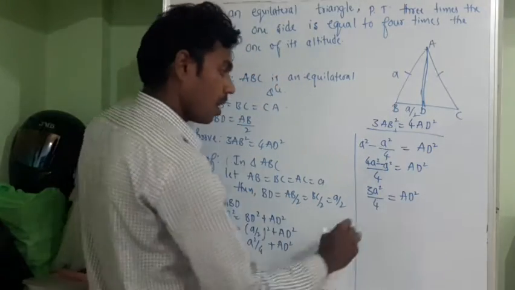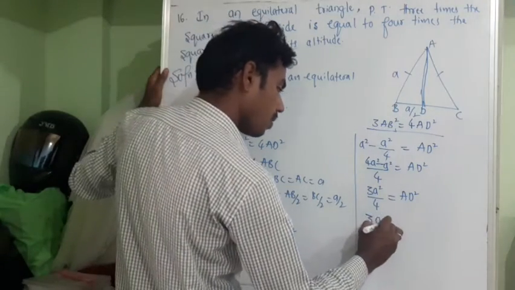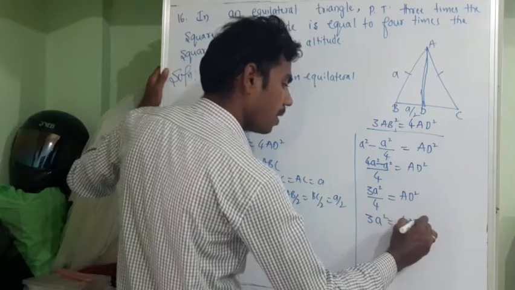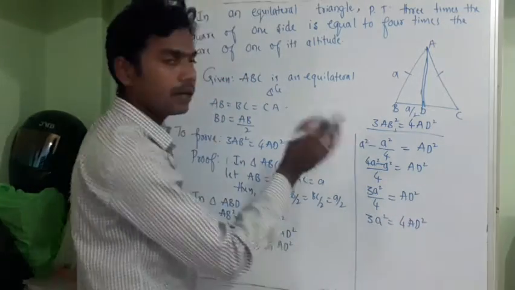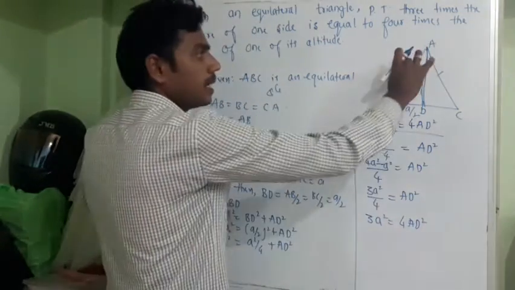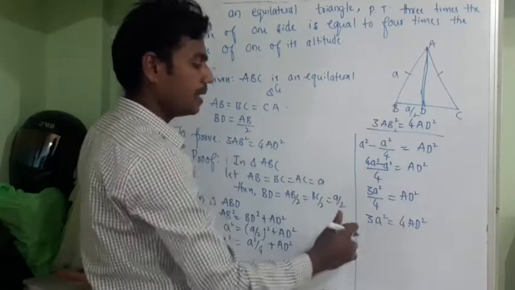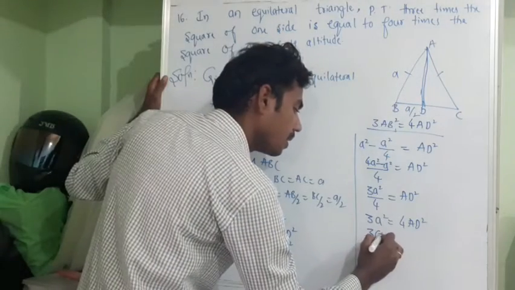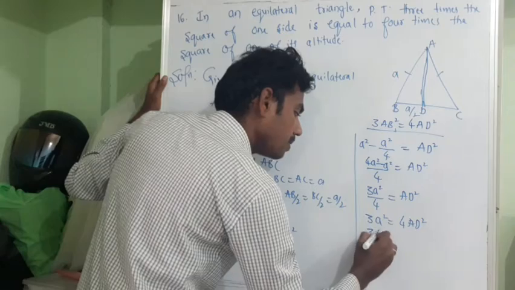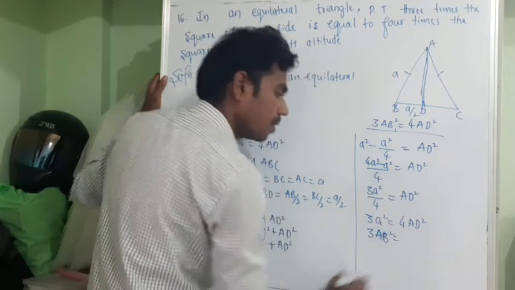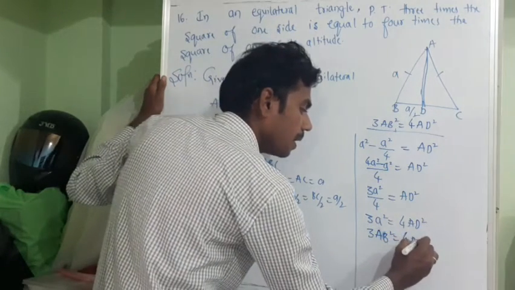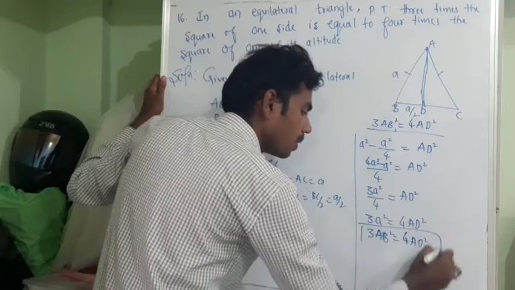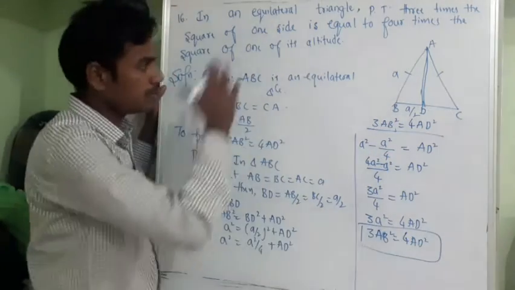Or else 3A square is equal to 4AD square. A is the length of AB. Therefore 3 times AB square is equal to 4 times AD square. So this was required for us to prove. We proved it. Please note this down.